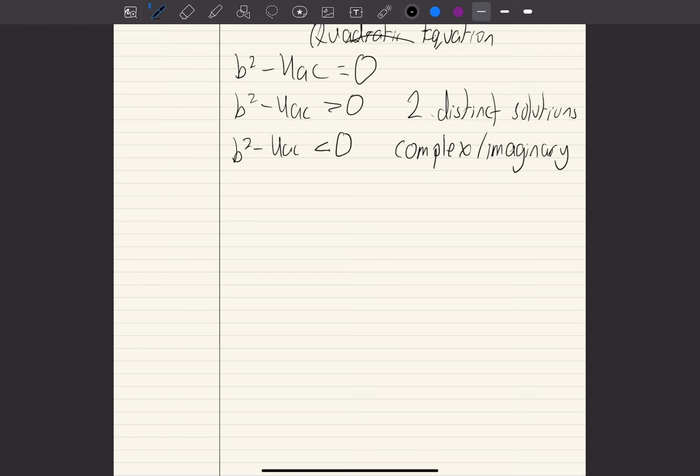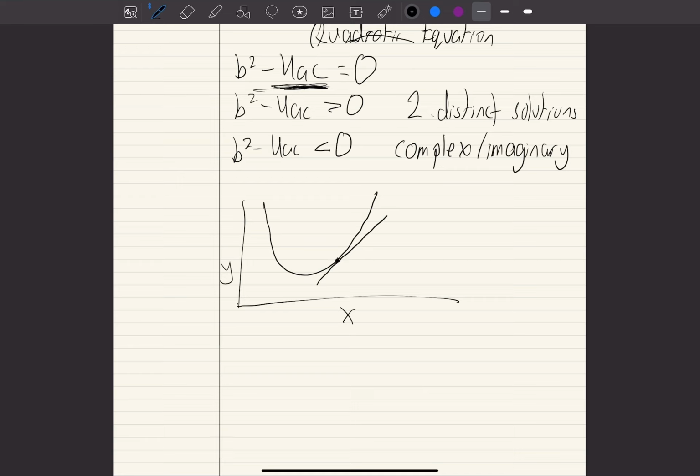So for b squared minus 4ac equal to 0, we already covered that this will only produce one solution. Remember what a tangent was? I'll draw a model graph over here. Very, very bad parabola, but you get the gist of it. This is the y-axis and this is the x-axis. Now, a tangent was a straight line which only touches one point of the curve.